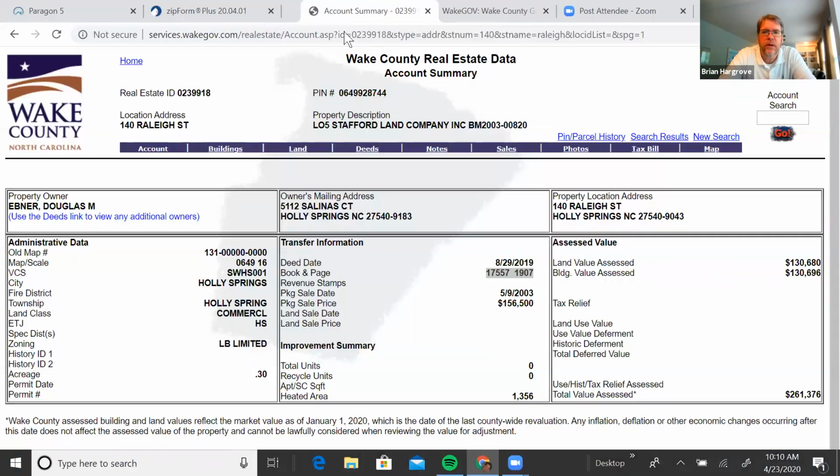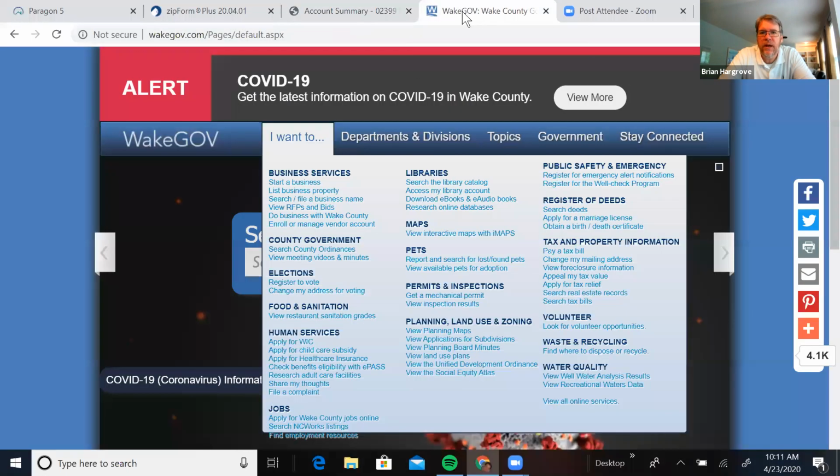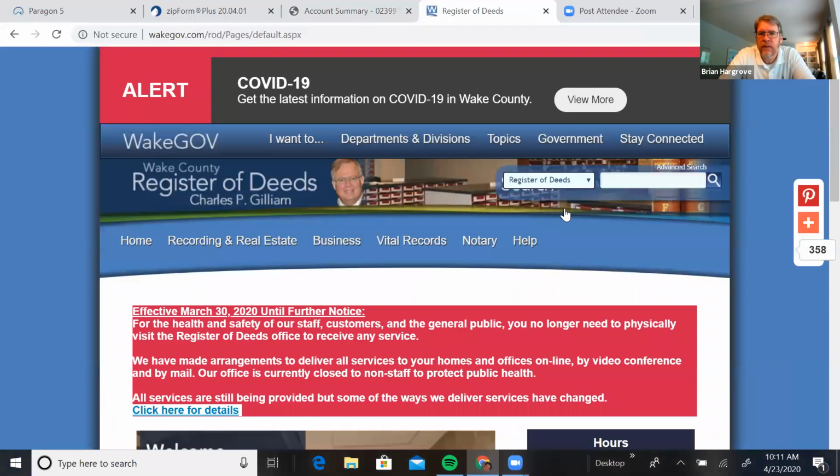And what I'm going to do is certainly look here, but it says you can use deed links to view any additional owners. So the other thing I can do is go to WakeGov. What do I want to do? I can say I want to search deeds, right?